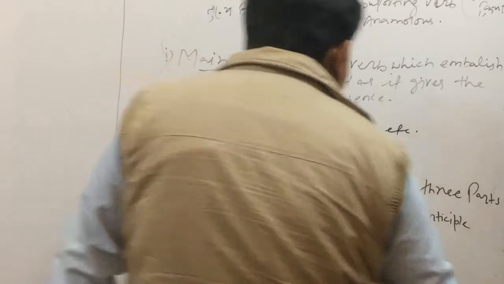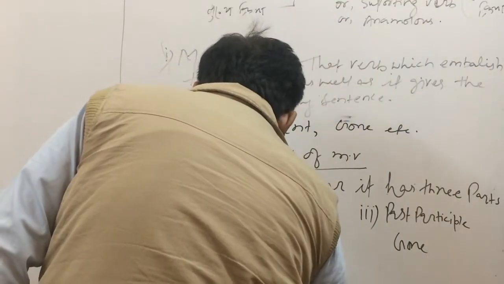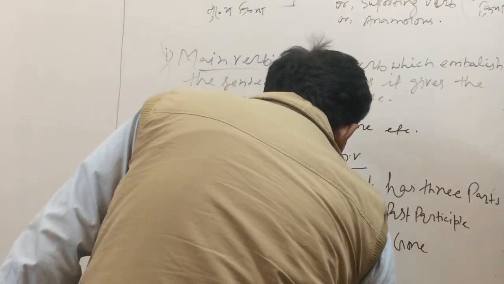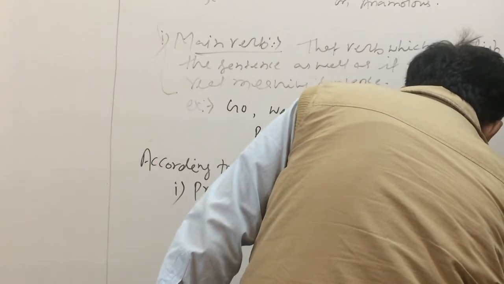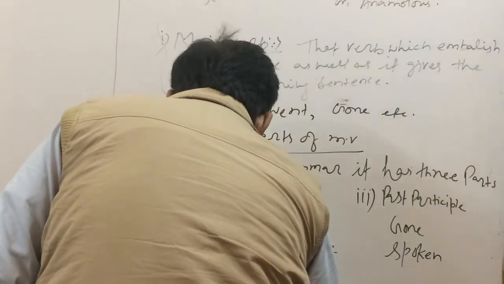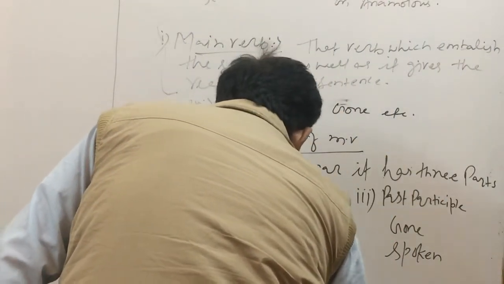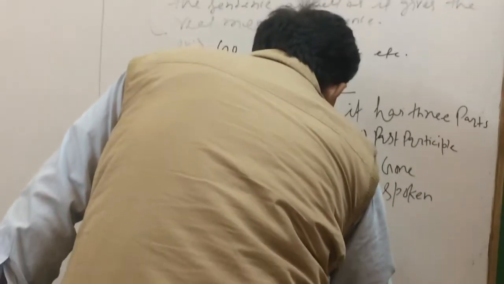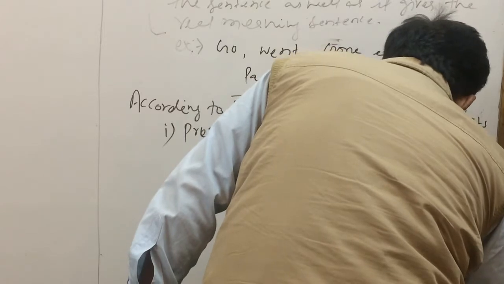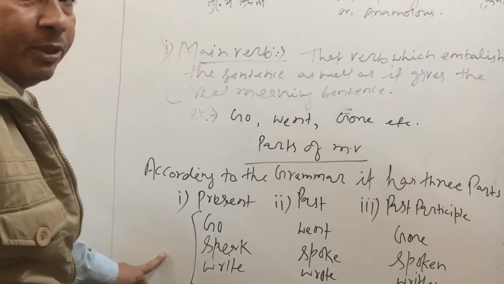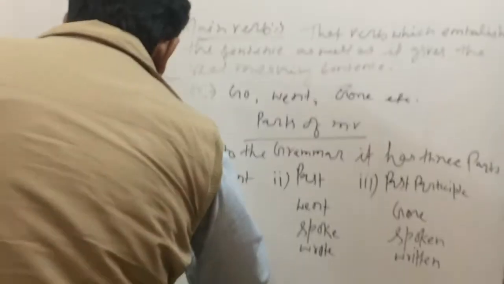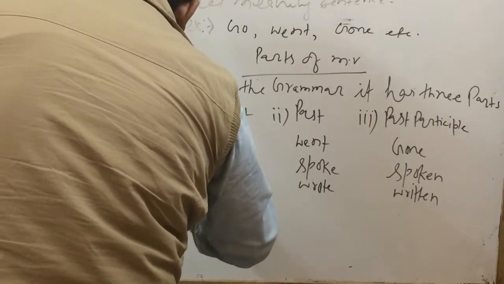As far as the example is concerned, see, it's go, went, gone; speak, spoke, spoken; write, wrote, written. Look at that. In the newly CBSE board, these three have been set as base form.